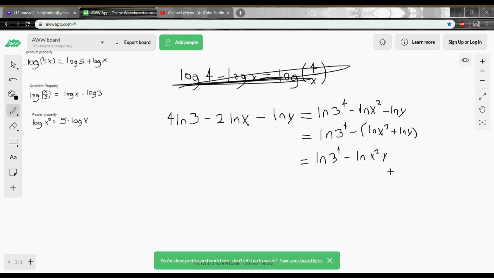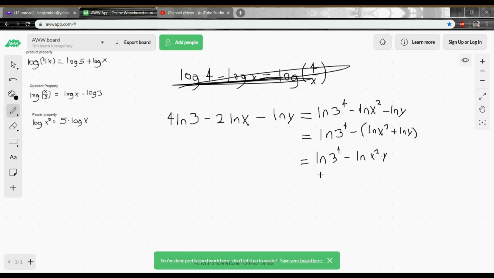And now we can combine these one more time using the quotient property. We wanted to use the product property before the quotient property because that makes it turn out a bit more smoothly. It would result the same way either way, but this way is a bit easier to work with.